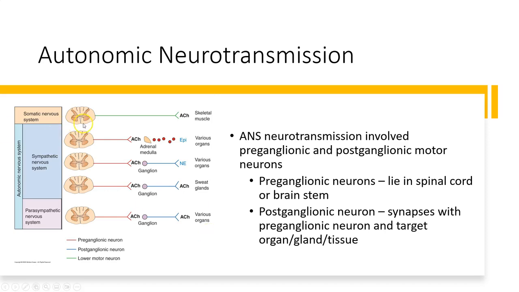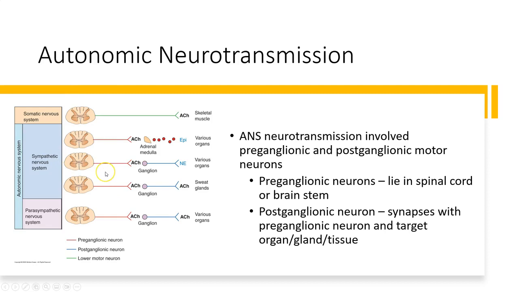So in the somatic nervous system, here we have signaling to the skeletal muscle with a release of acetylcholine at this neuromuscular junction. But in the autonomic nervous system, things work a little bit differently.